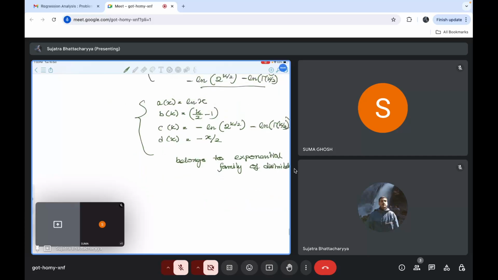Now, next question is: is it of canonical form? Well, quite clearly, a of x is equal to log x, which is not equal to x, therefore it is not of canonical form.